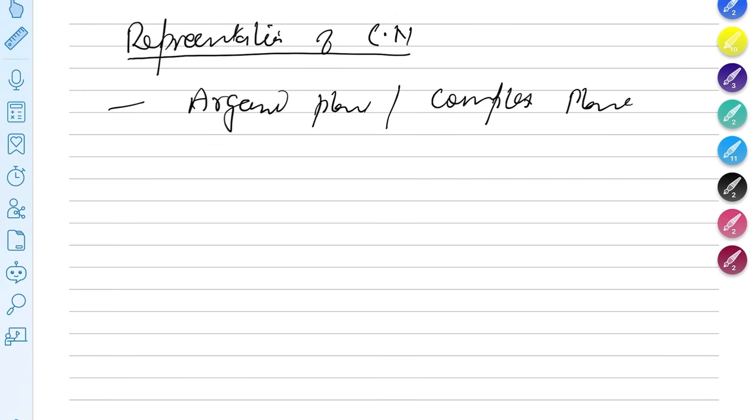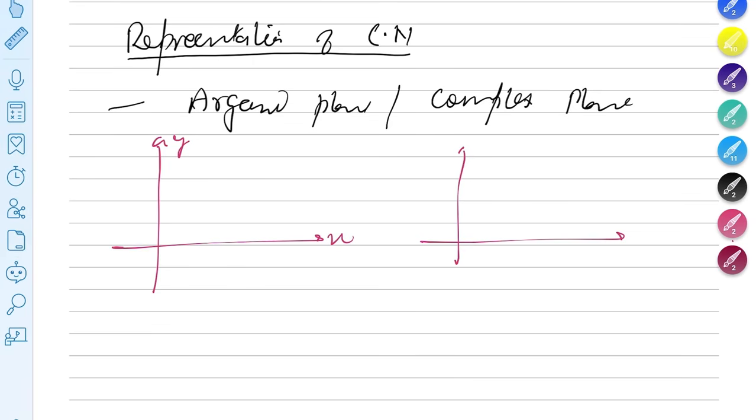The Argand plane is similar to the Cartesian plane. In the Cartesian plane we have the x and y axes. Here we don't call them that; we call the horizontal axis the real part of z axis, and the vertical axis the imaginary part of z axis.